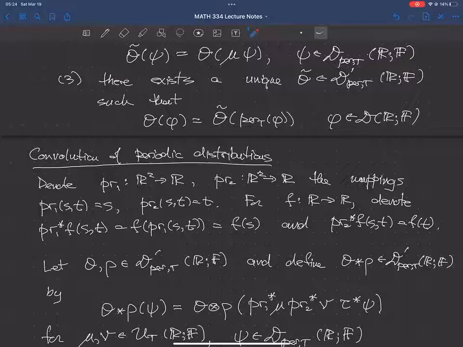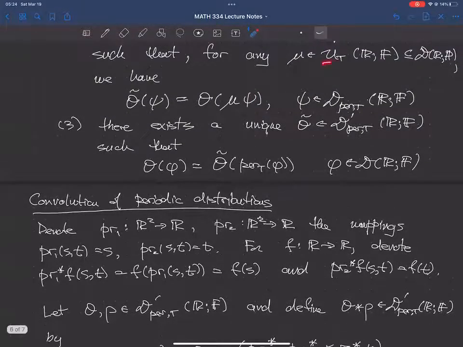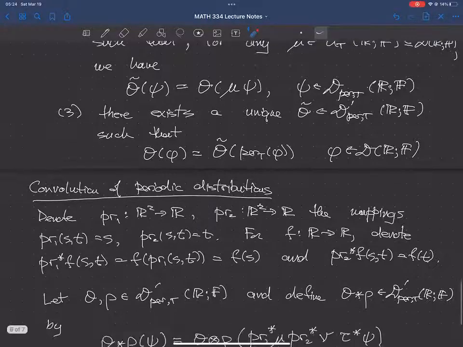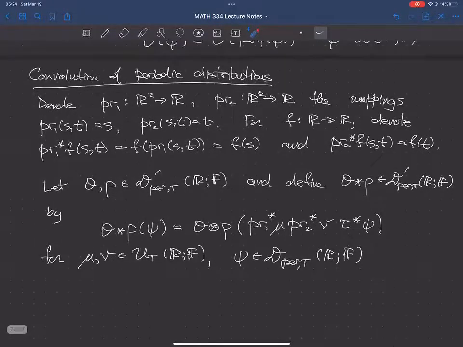So we took the periodic test signal psi and multiplied it by one of these, where u was in this class of test signals whose periodization was 1. And here we're essentially doing that in both variables.